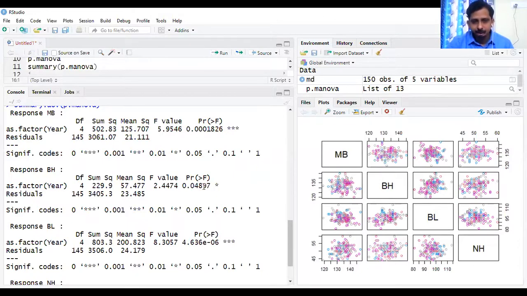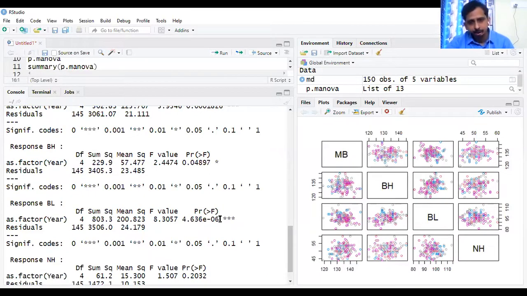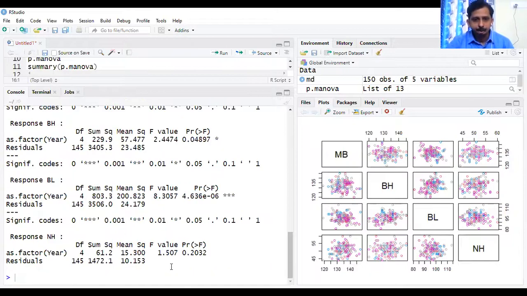There was a question in the previous sessions about how to understand it if the p-value is very close, and we will address that. And BL is highly significant, meaning there is a huge difference with respect to the length of the Egyptian skulls over the years. And coming to nasal height, it is insignificant.